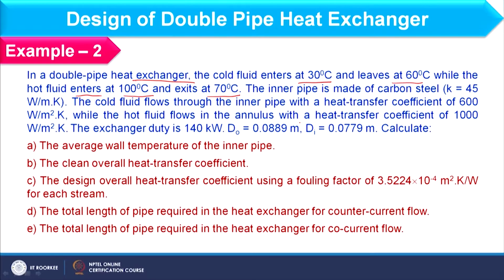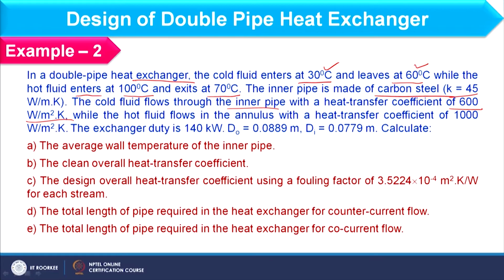If you consider the inner pipe, it is made of carbon steel having thermal conductivity as 45 watt per meter Kelvin. The cold fluid flows through the inner pipe, where the temperature goes from 30 to 60 degrees, with the heat transfer coefficient as 600 watt per meter square Kelvin.